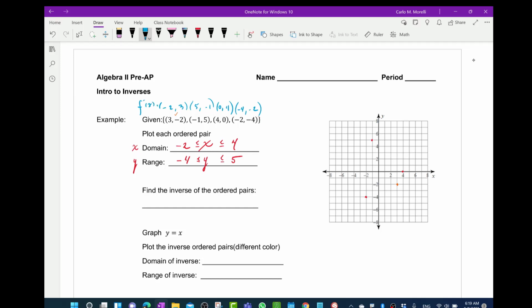This is how you write that: f with -1 in the exponent, of x. So (-2, 3) would be here, (5, -1) would be here, (0, 4) would be here, and (-4, -2) would be here.